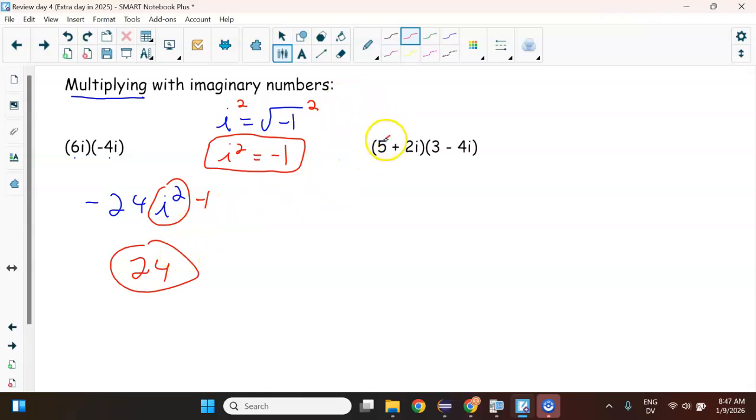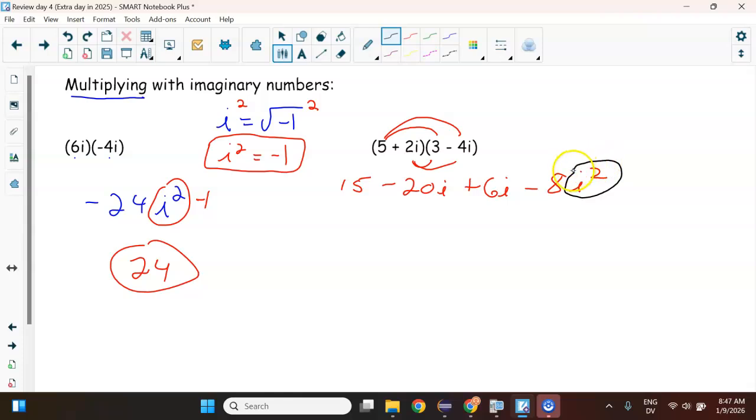Okay, and the second one's just a FOIL, so it's kind of the same thing, just a little more complex. So I'm going to do 5 times 3, 5 times -4i, 2i times 3i, and then 2i times -4i is -8i squared. Okay, and then to clean this up, again, i squared is -1.